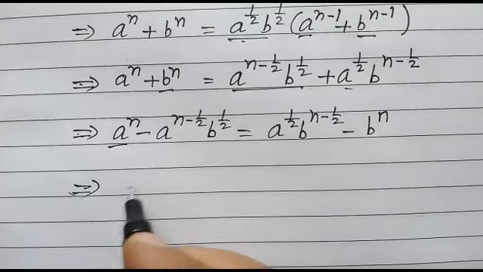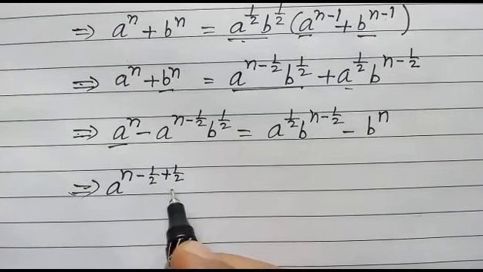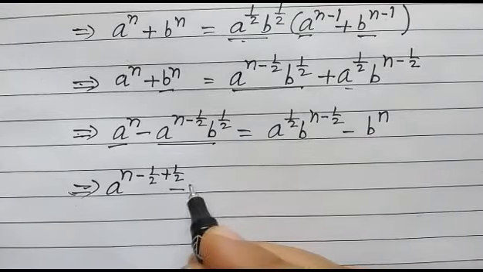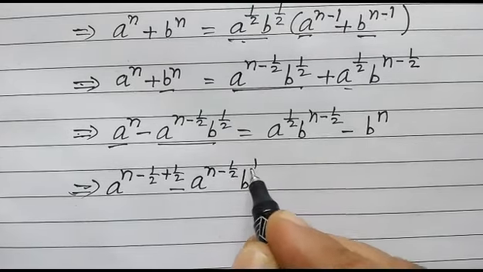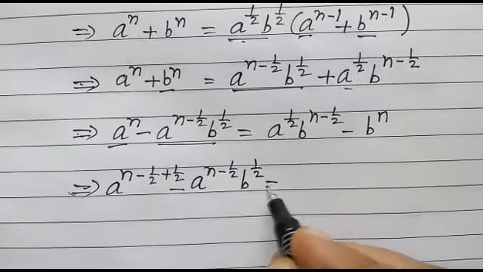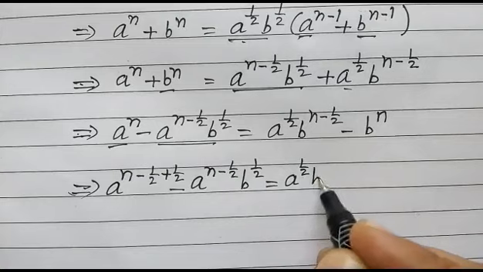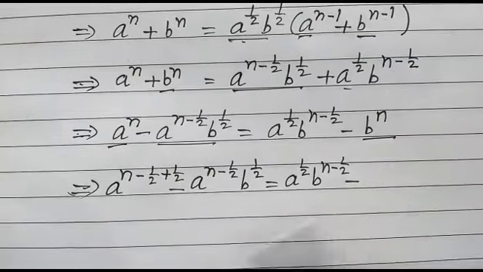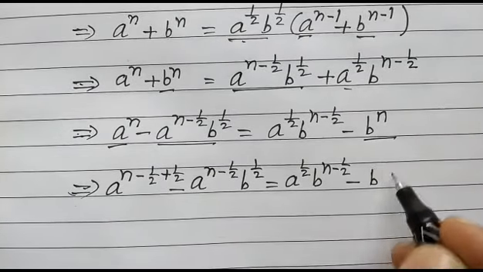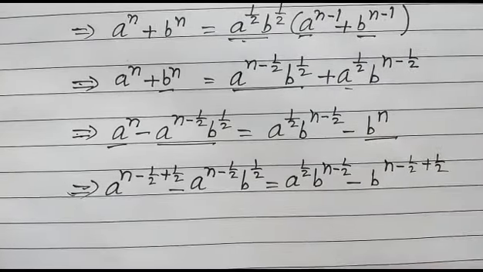If we break this as a^(n-1/2+1/2) minus this value a^(n-1/2) b^(1/2), it is equal to a^(1/2) b^(n-1/2) minus this, which can be broken as b^(n-1/2+1/2).